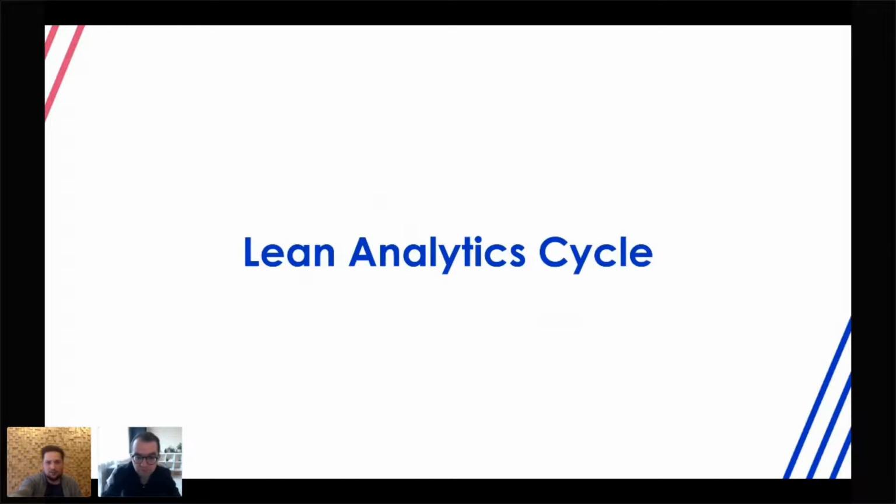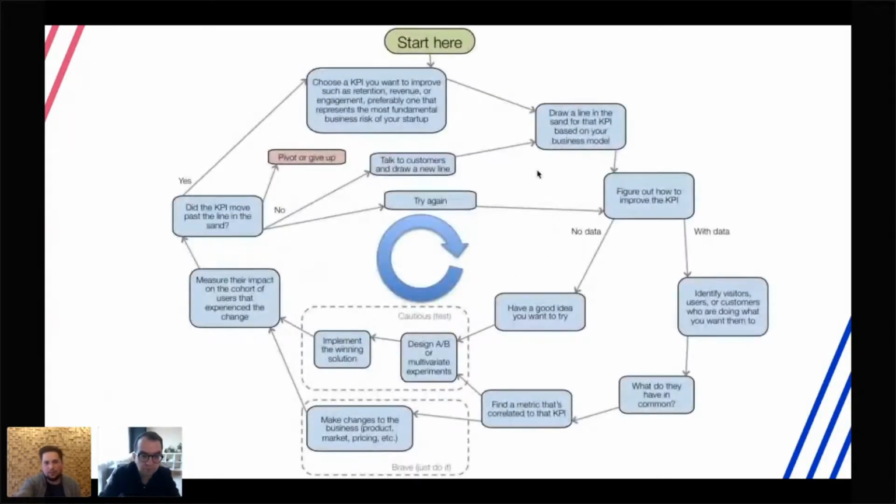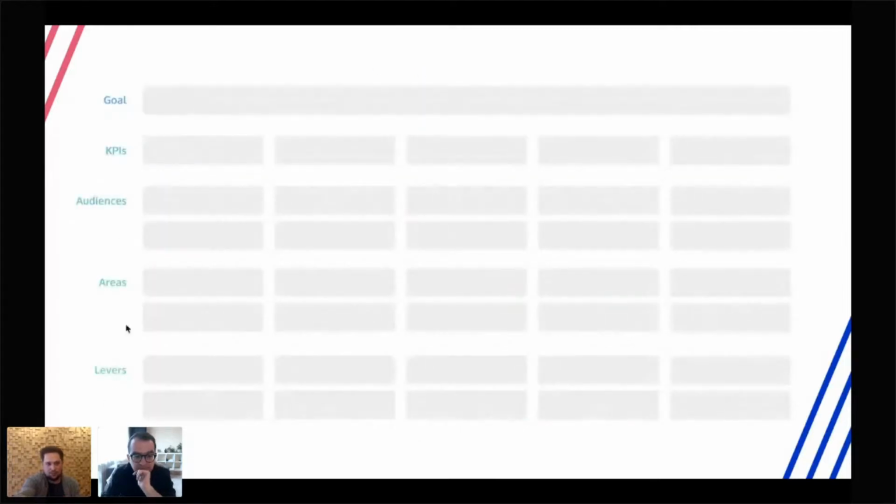Because this framework allows you to understand step by step what you should do and what kind of decisions you have to make, and based on what criteria. And this is basically a slightly transformed version of the conversion framework concept.